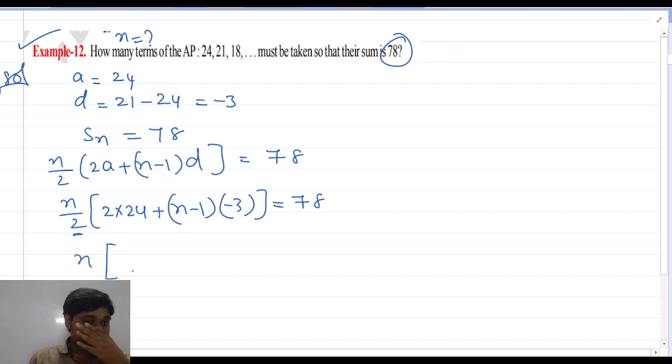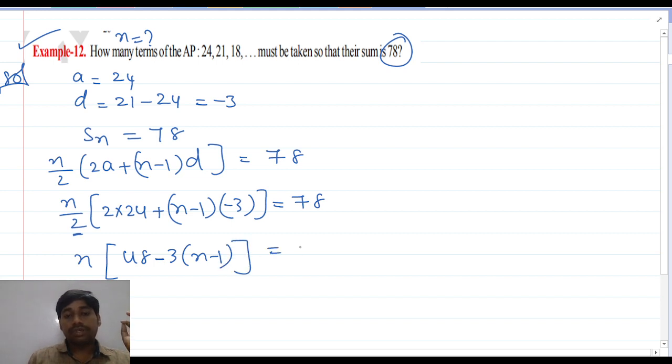Okay, then what I can write is 48 minus into plus minus 3 of n minus 1. So 78 into 2 will be here answer. Then what should I say is here n of 48 minus 3 into n minus 3n minus into minus plus 3, which is equal to 156, multiplication.